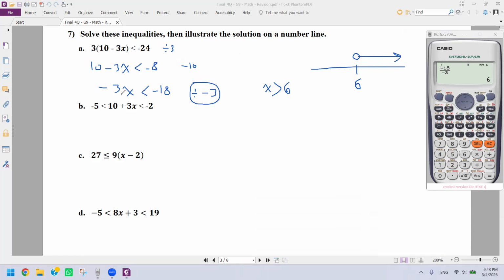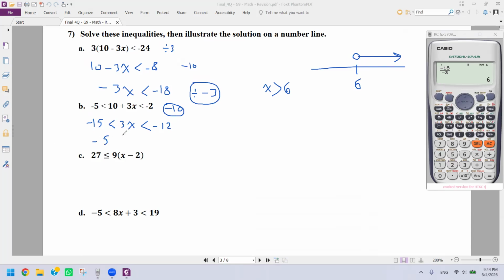For part B, we have 3 sides, 1, 2, 3. So again, I have just to do the opposite for all of them. The first thing is minus 10. So this will be minus 15, 3x, minus 12. Next step, I will divide by 3.